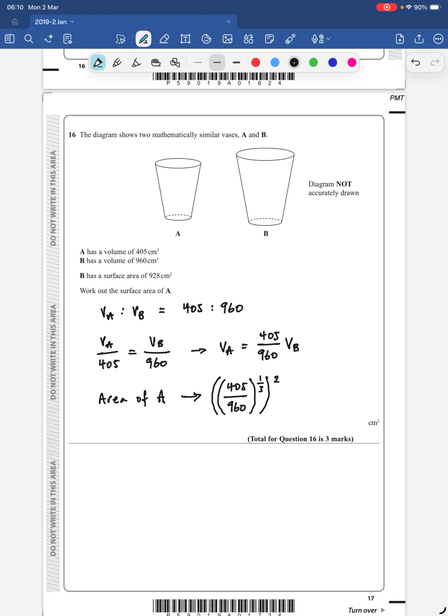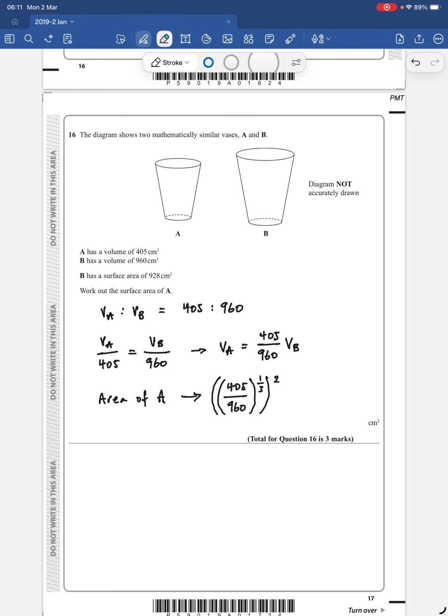Another index law you need to remember is that if you take a to the power of m and raise it to the power of n, you get a to the power of m times n. You've got to be really good with these index laws.